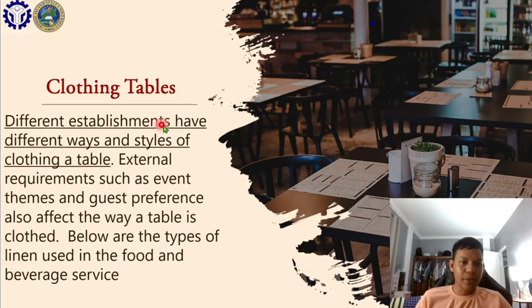There are different establishments that have different ways and styles of clothing a table. Again, there is no such thing as standard. Yes, we have standards, but standards in a specific establishment. So again, every establishment has different standards. So we need to follow the standard set by the establishment.